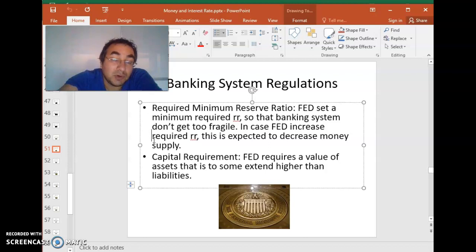the central bank might require, let's say, 20% of all these deposits should also be put in by the bank owner itself.